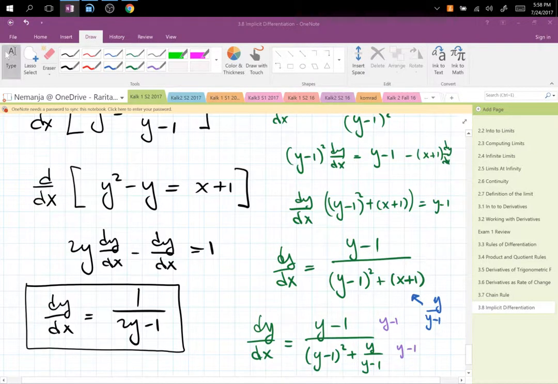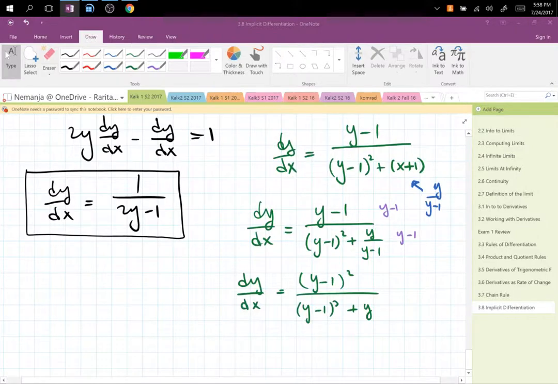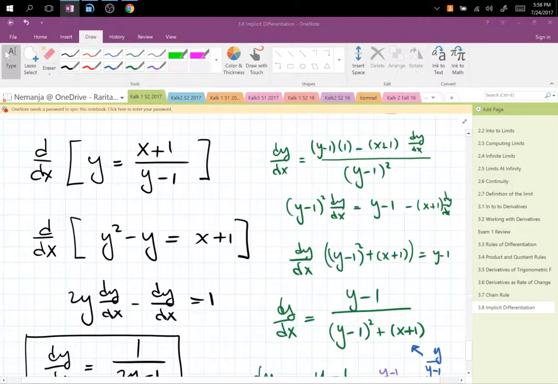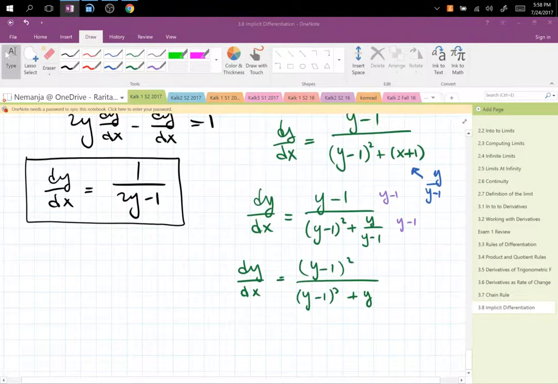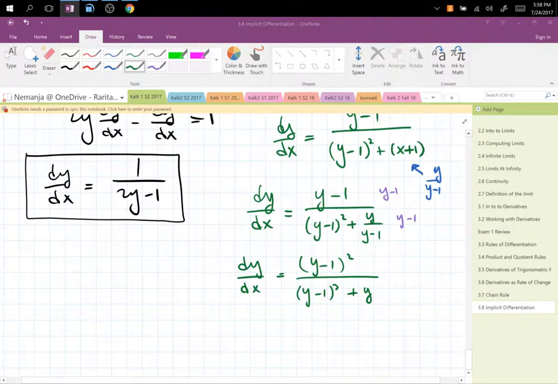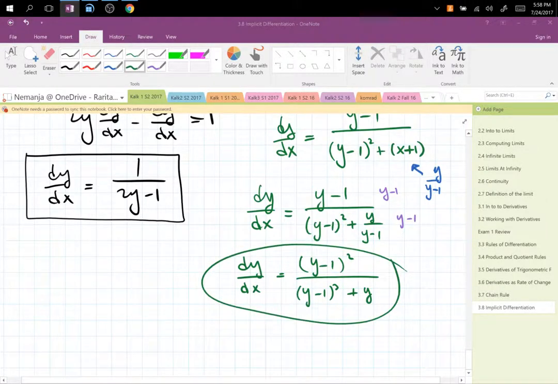I don't want to waste time on algebra, but there is a way I can do it on the side. If you bother me later, I'll figure out exactly where the algebra goes. But these two results have to be identical. If y is equal to 1, you get 0.